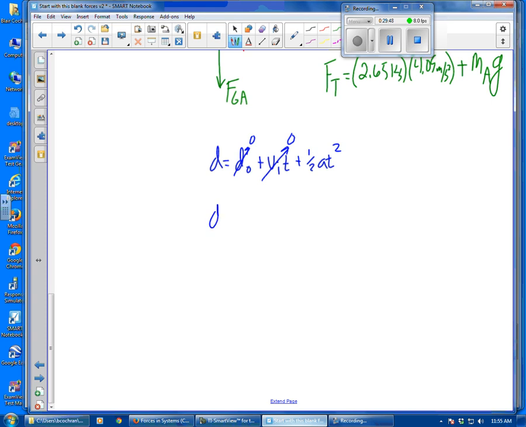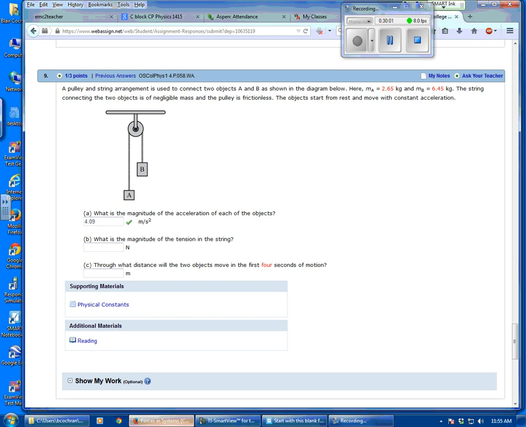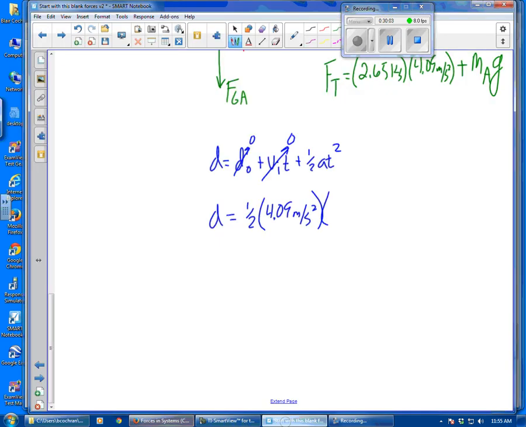We're looking for D, so D equals 1/2. We have our acceleration, 4.09 meters per second squared. We have our time, which is 4.0 seconds. Square that and find the displacement.